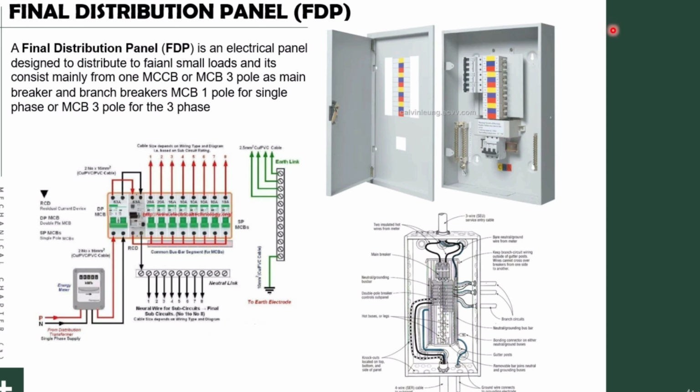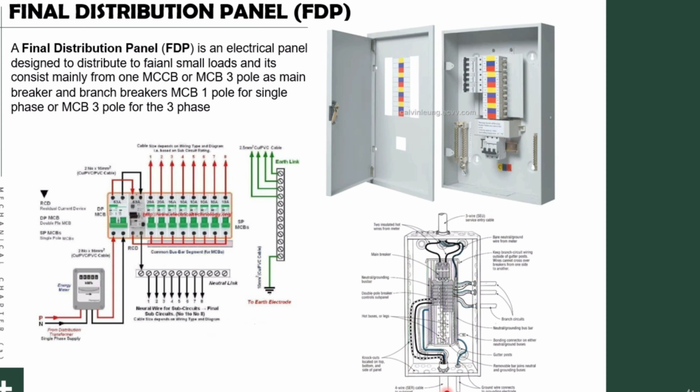From the final small loads, the conduit will enter this panel from the top, the bottom, or the side of the panel, and the cables can also enter from the downside or the upside, as you see here.